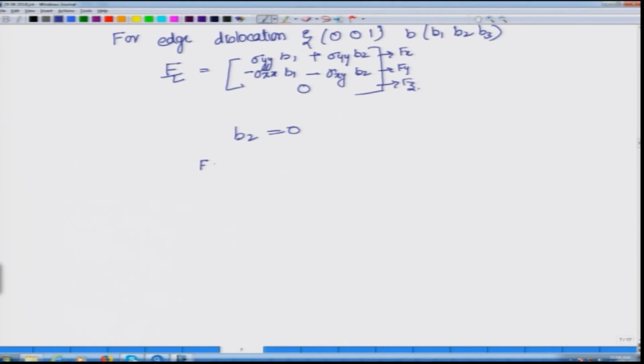So, b 3 does not matter, but we will say that it is also equal to 0, and therefore f x by L would come out to be... So, I am missing something. Make note of this, I had earlier mistakenly written sigma y y, it should be sigma y x. So, it is sigma y x b 1.